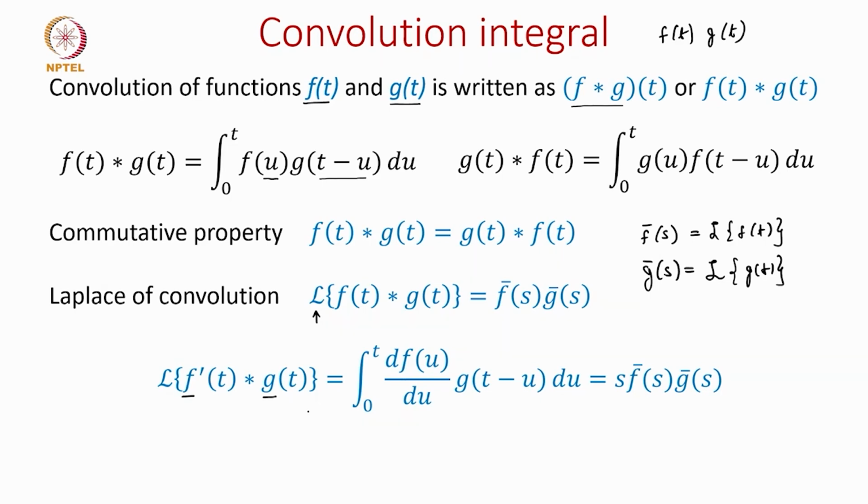But once we apply the Laplace transform on both sides of the equation, we get s times the product of f bar and g bar in the Laplace domain. Bear in mind, we are talking about integrals from 0 to t, meaning that the load only starts from 0 or later.